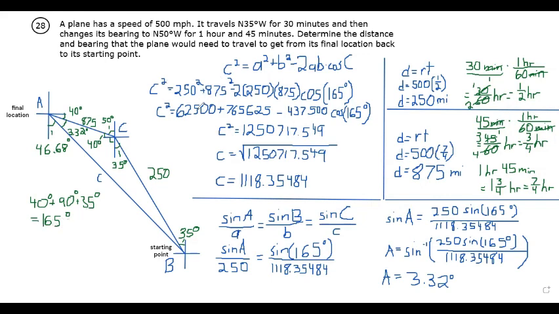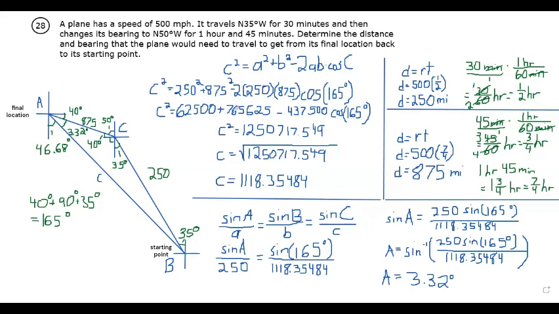So now we can just simplify this a little. So we have c squared is equal to 62,500 plus 765,625 minus 437,500 cosine of 165 degrees.